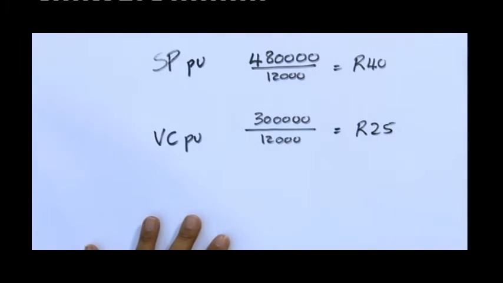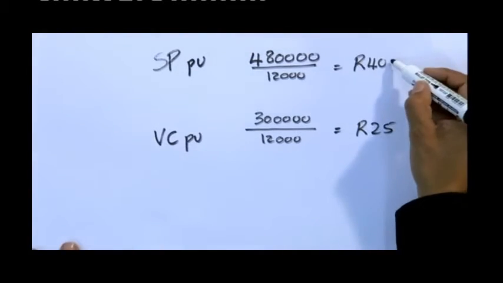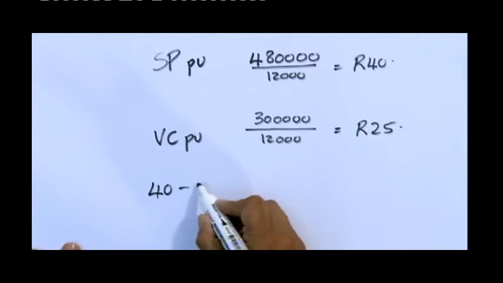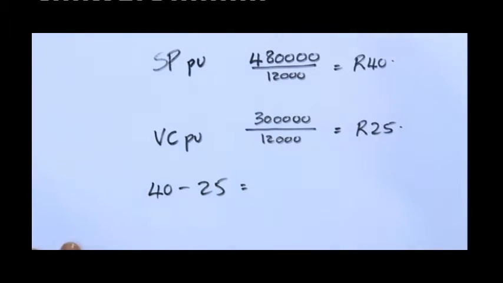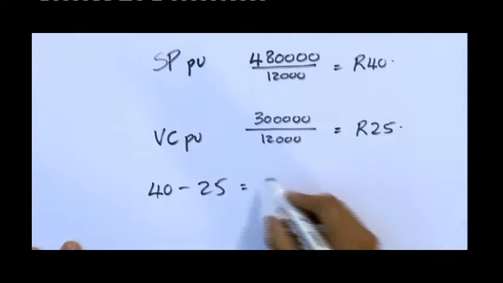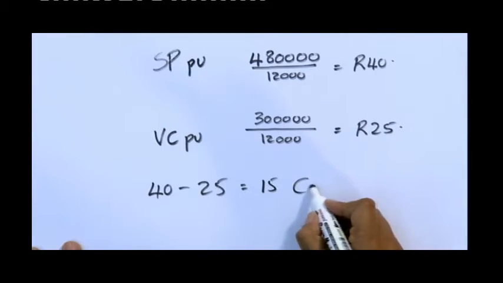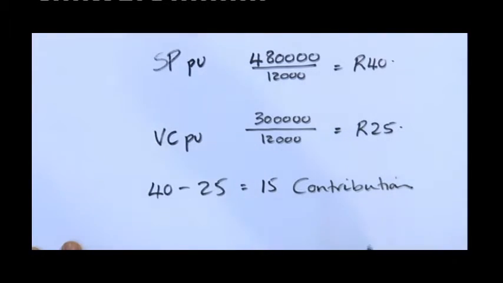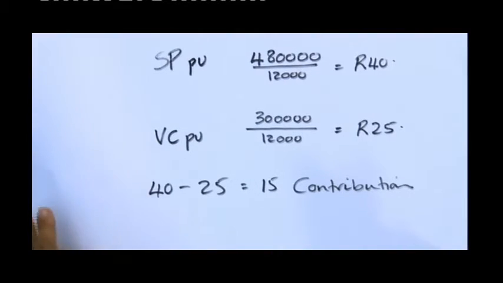Now I can work out my contribution, only after working out those amounts. So I say selling price per unit, 40 Rand, minus variable cost per unit, 25 Rand, and I get a contribution of 15 Rand. That is my contribution, or marginal income. Now I'm going to apply my formula.